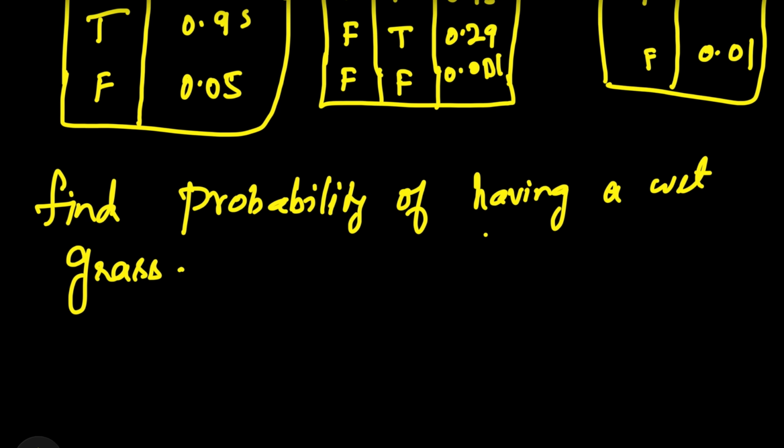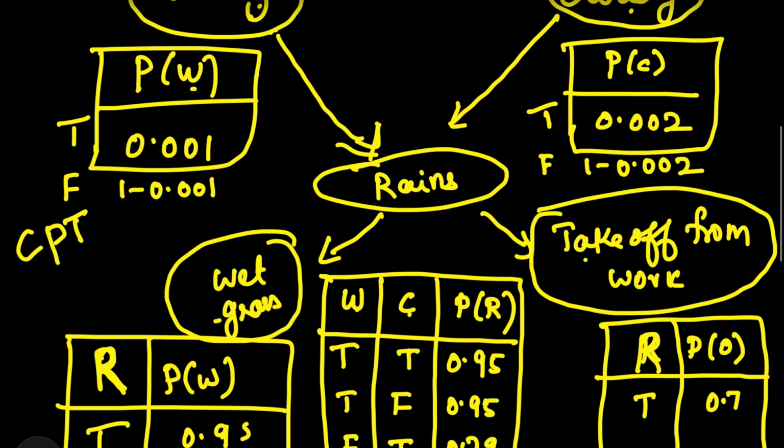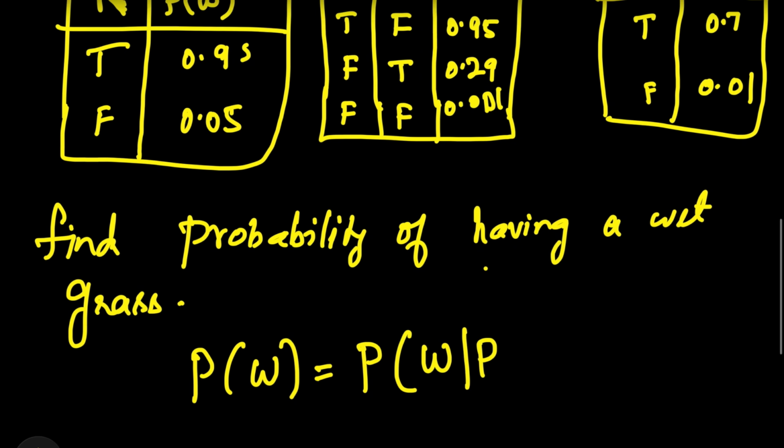Now the task is to find the probability of having wet grass. How can we write this? The probability of wet grass depends on rain as per the CPT table. Given R, it may rain or it may not rain.